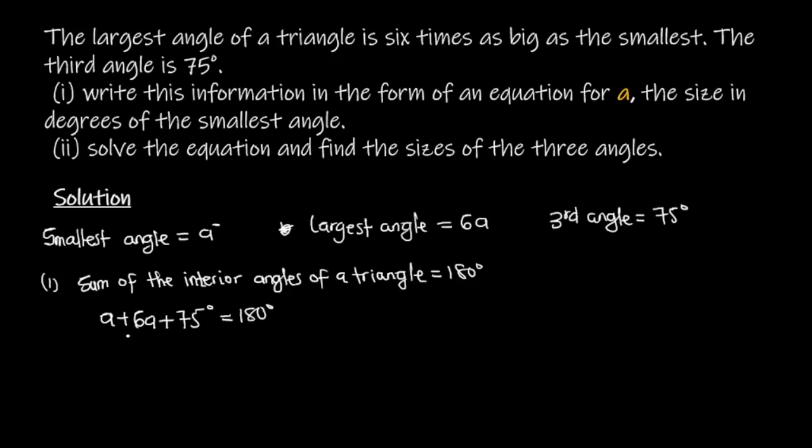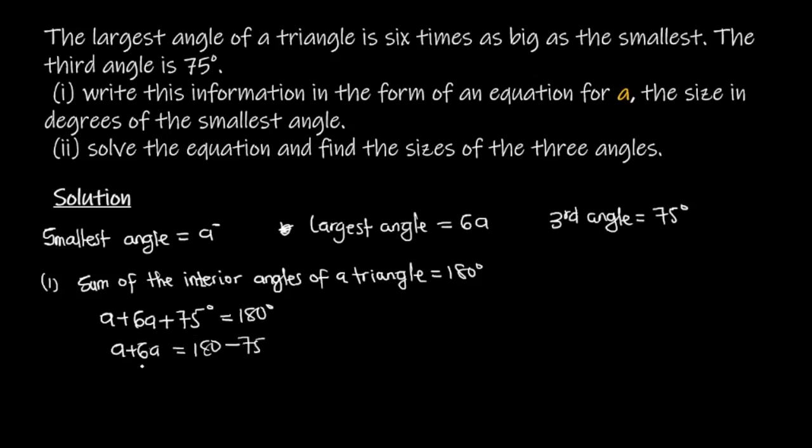Now, let's go ahead and solve this equation to find the value of A and then find all the angles. So we have A plus 6A plus 75 is equal to 180. We can group like terms here. We have A plus 6A is equal to 180, and we send the positive 75 to the other side, it becomes minus 75.